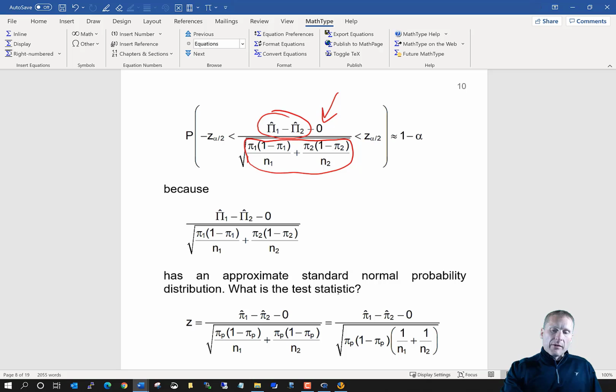So I can make a probability statement that has a quantile from my standard normal on the left, a quantile from my standard normal on the right, and say the probability of this all happening is approximately 1 minus alpha. Then I can take the stuff in the middle here.